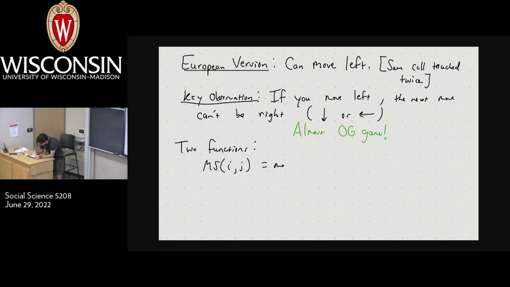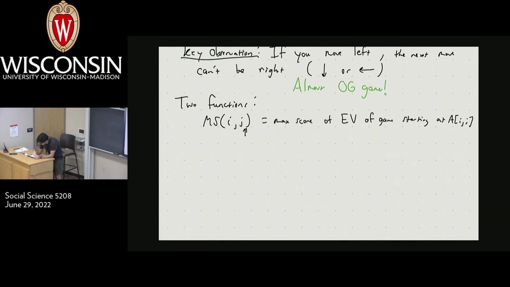This is the max score of the European version of the game, starting at aij. And now we can either put an L here to symbolize whether we took a left or not, or we can make a whole function, MSL of ij, which is the same thing, assuming the last move was a left.